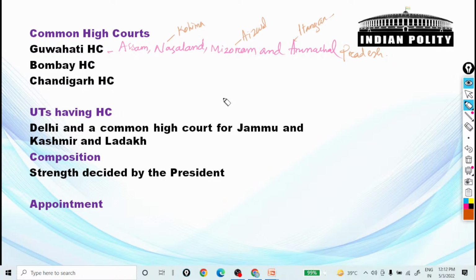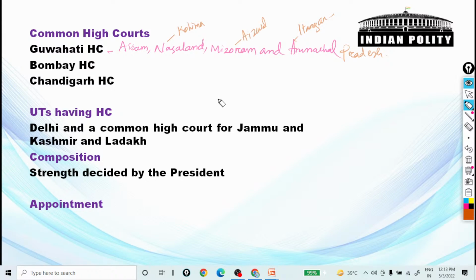Also kindly go through the benches of high courts and their different headquarters, because most high courts have their headquarters in the capital, but some have their headquarters in cities other than capitals.